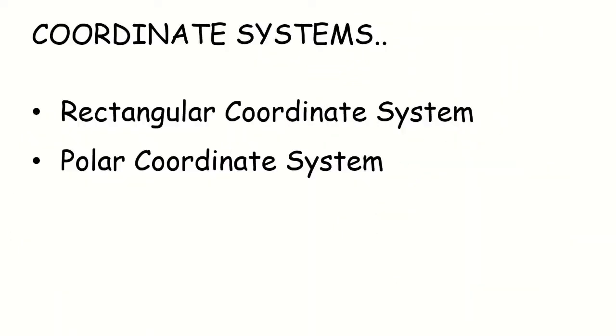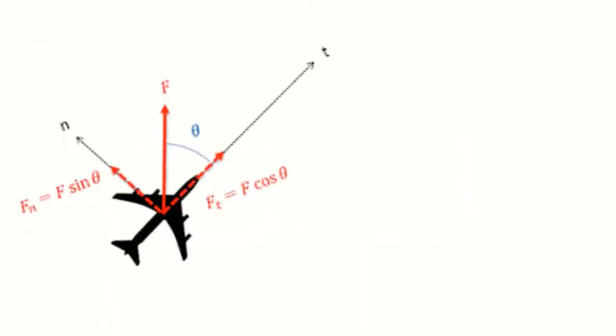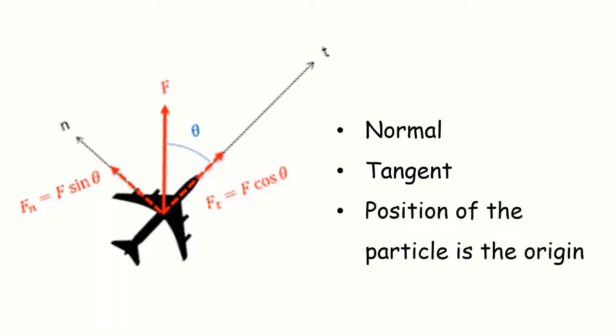The third coordinate system that we are going to focus more upon in this video is the normal and tangential coordinate system. And as the name suggests, the coordinate system uses the position of the particle in space as the origin, and the tangential axis is drawn in direction of the instantaneous velocity, and the normal axis is perpendicular to the tangential axis.